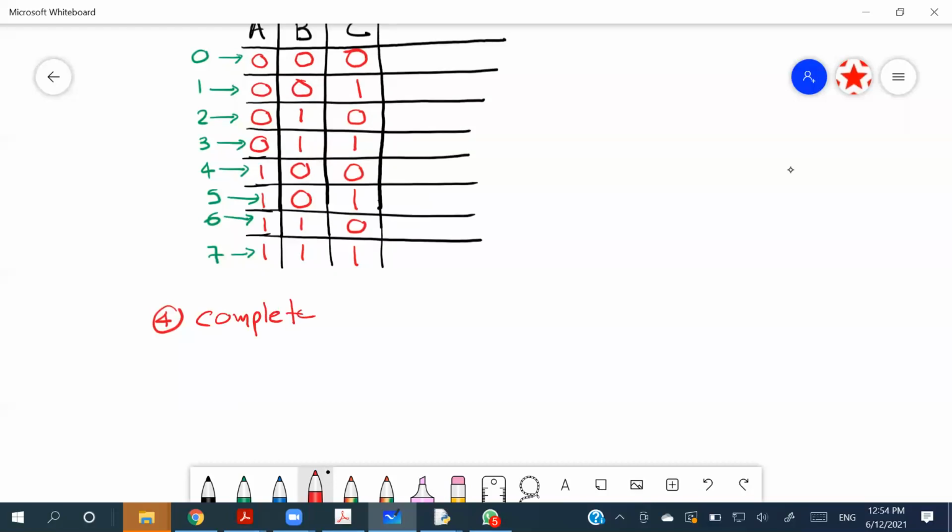complete the truth table by considering operator priorities.